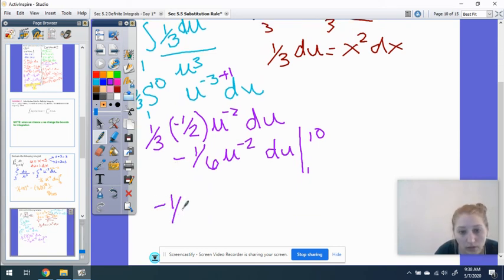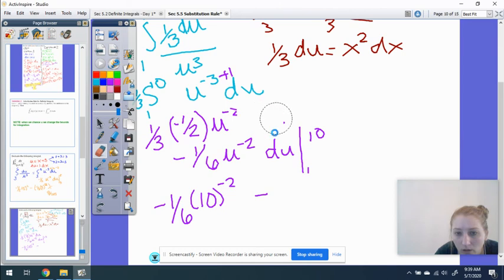So negative 1/6, 10 to the negative 2 minus, oh, and you know what? Once we integrate, we don't need to write du, and I wrote it again. And that would be confusing because then I would think, oh, I got to integrate this still.